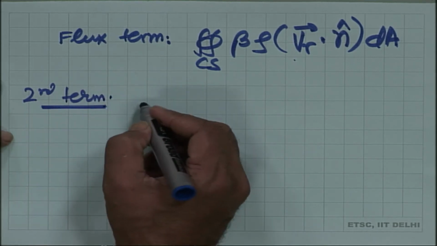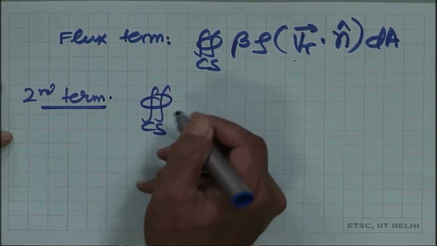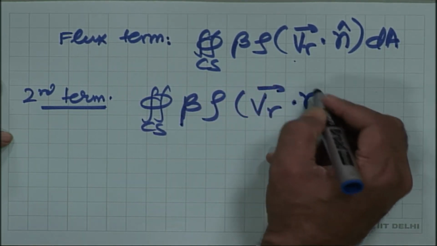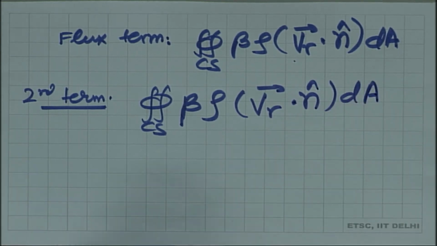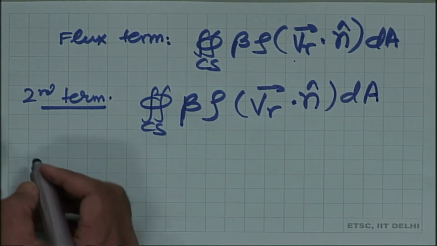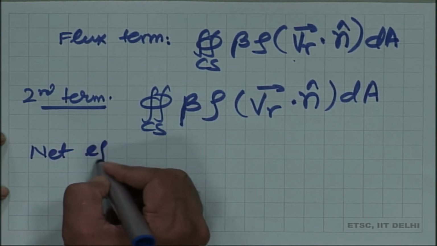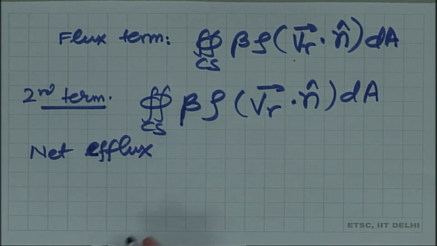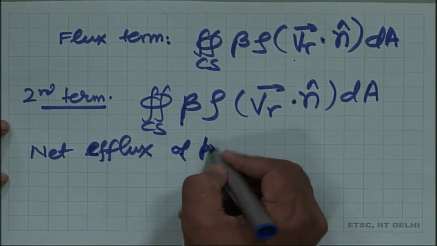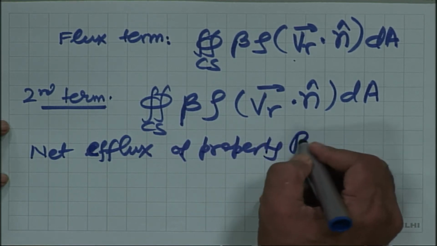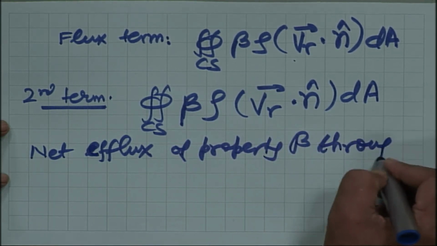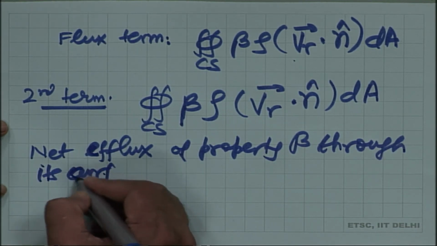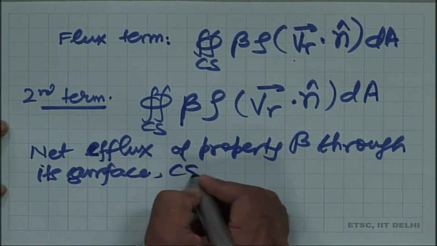So, now let us look at this second term. Let us give a physical meaning. It is equal to integral over the control surface beta rho V r dotted with n dA. So, this is the net efflux. Why I use the word net is, if there is an influx then we subtract it. So, this is the net efflux of property beta through its surface C s.